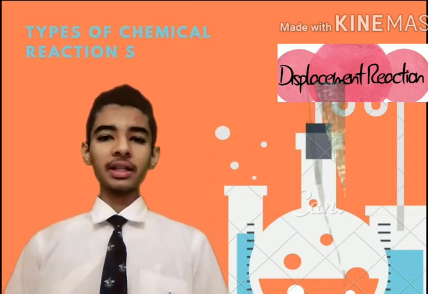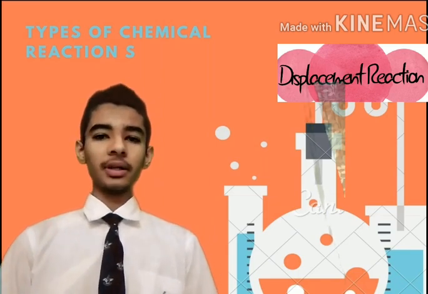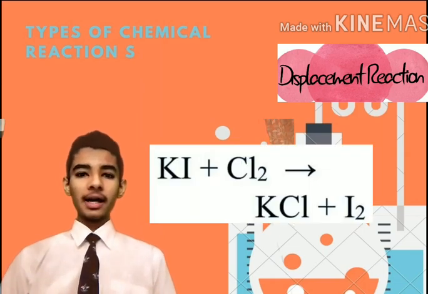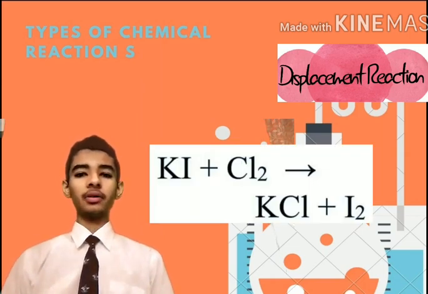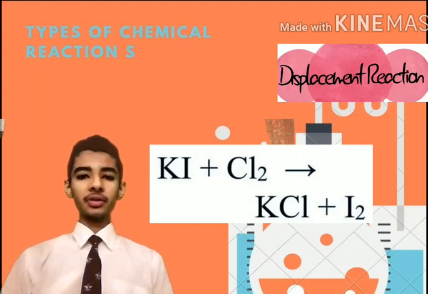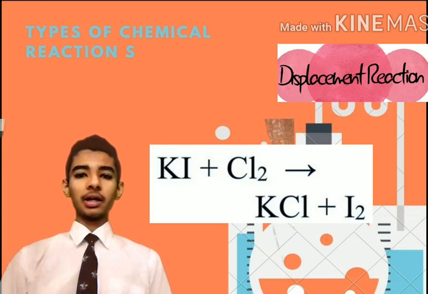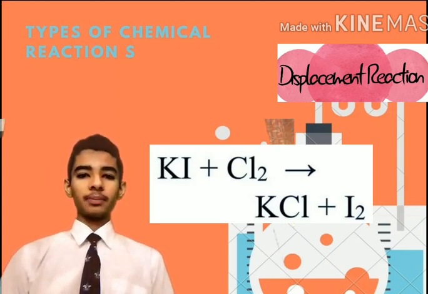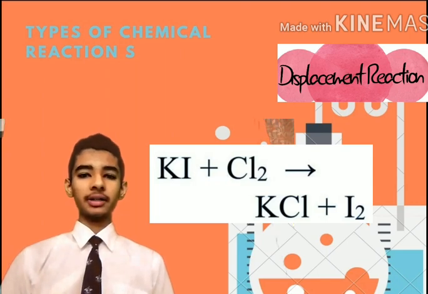Now let's take another example, of nonmetals. Potassium iodide plus chlorine. As we know that chlorine comes above iodine in the reactivity series of nonmetals, chlorine will displace iodine from its compound and form potassium chloride plus iodine.